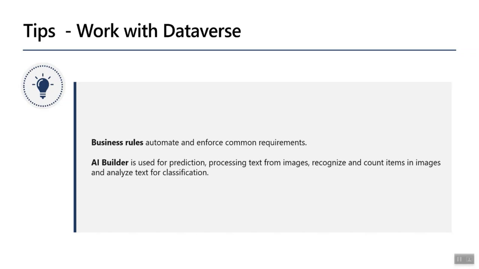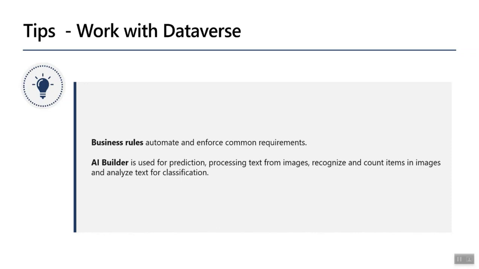And if you want to execute business rules, you don't need to implement them separately, one in Power Apps and another one in Power Automate. What you can do really is have the business rules configured in Dataverse so that you can automate and enforce the common requirements there, which is pretty much enforcing the rules in one place.